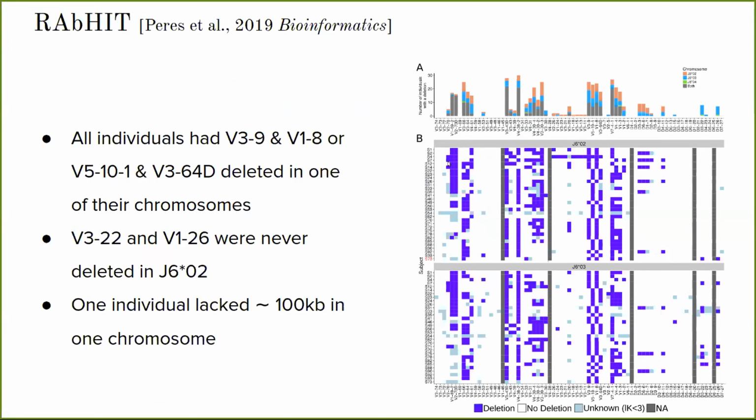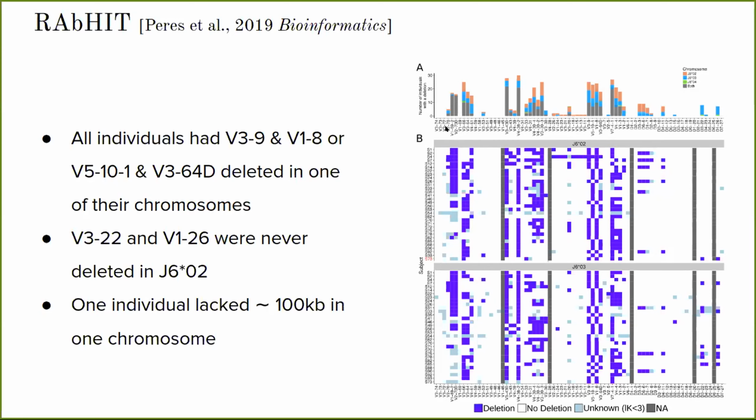The dark blue represents a deletion with high confidence level, while the light blue represents an unknown inference with a low confidence level. The gray is an unknown inference with a high confidence level, and the white is no deletion.